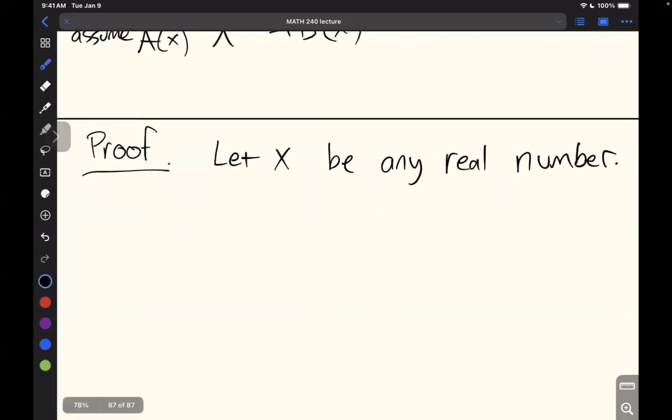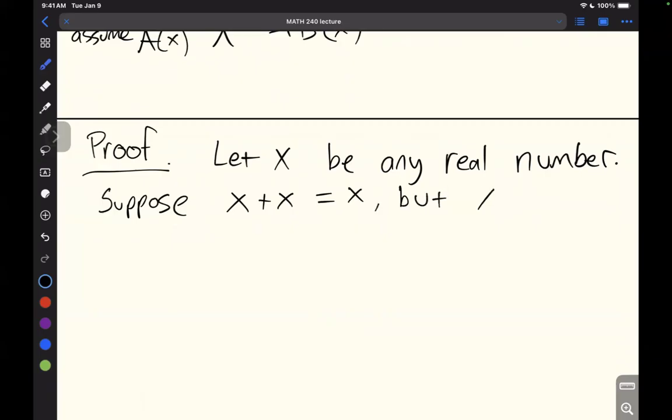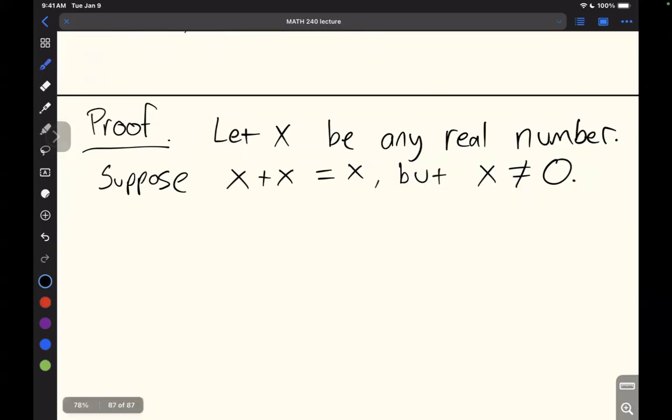And then we want to state our hypothesis: suppose x plus x equals x, but x does not equal 0. That's our hypothesis. So we're all set up to do some contradiction.